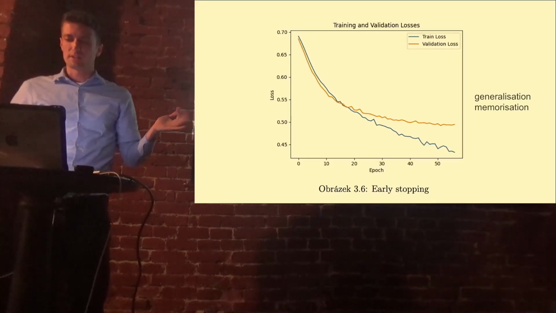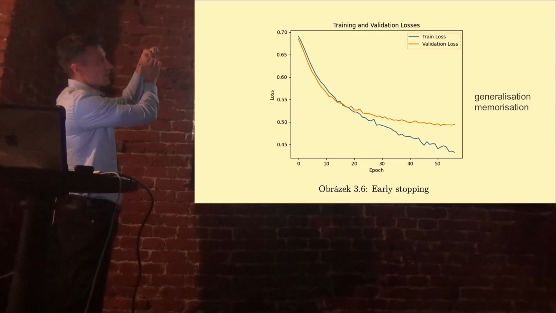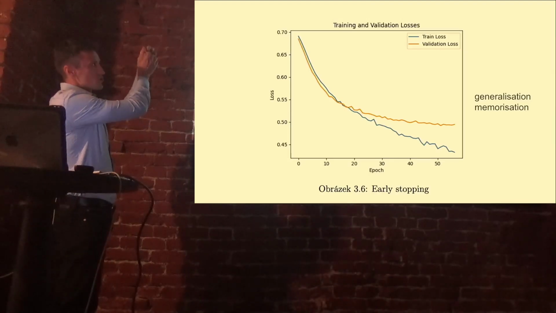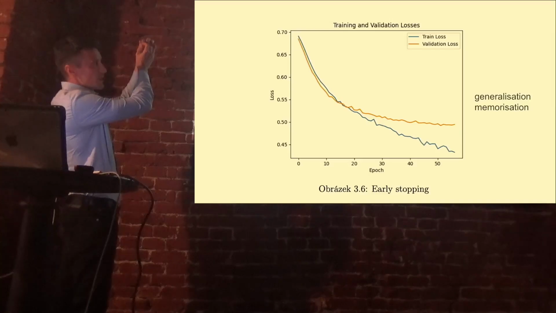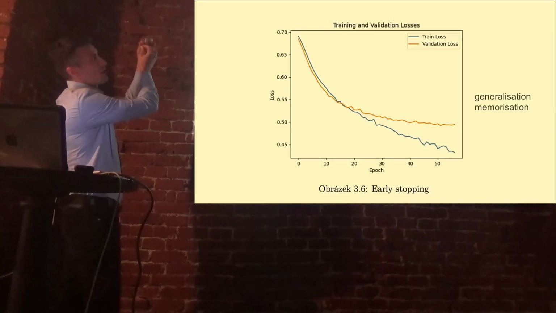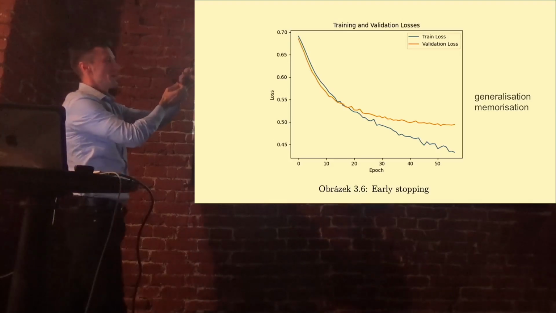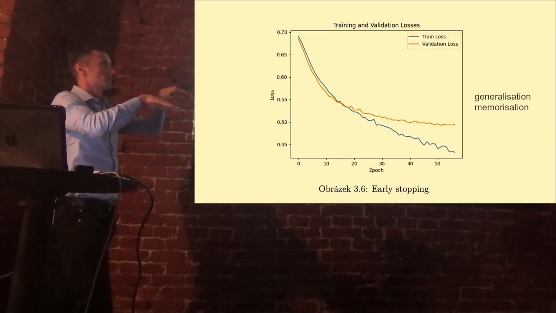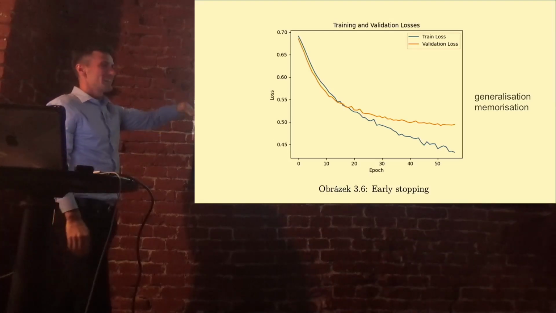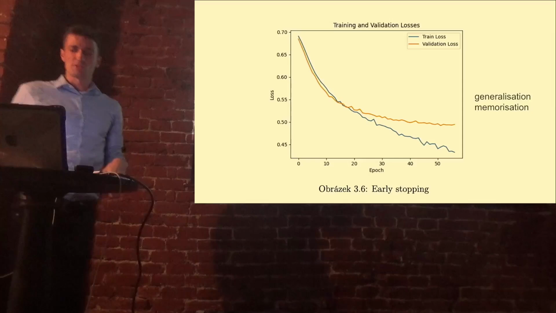This is a simple example of how the training works. Basically, the loss function is calculated, and at the beginning of the training of a neural network, the train loss and validation loss go down together. But at some point the network starts to memorize the training data, while validation isn't changing much, so it's best to stop.